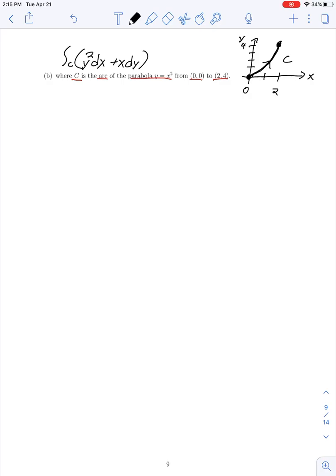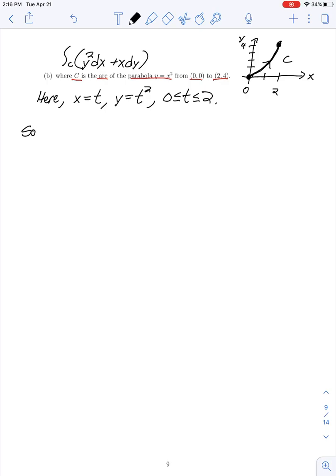So let's test it. In order to evaluate this, we need to parameterize our curve C. So in part B, parametric equations for our curve could be given by taking x equals t, and y is x squared, so we would have t squared. We're moving from the point 0, 0, which would correspond to t equals 0, to the point 2, 4, where t is 2.